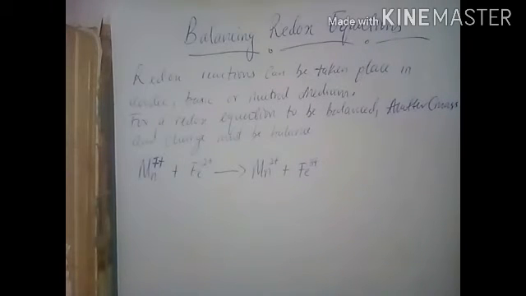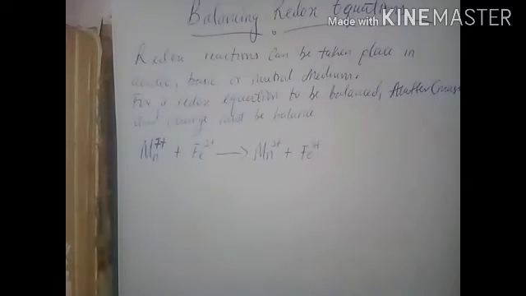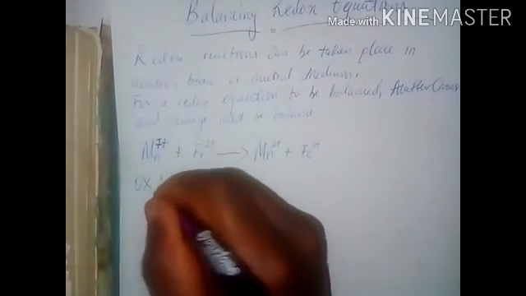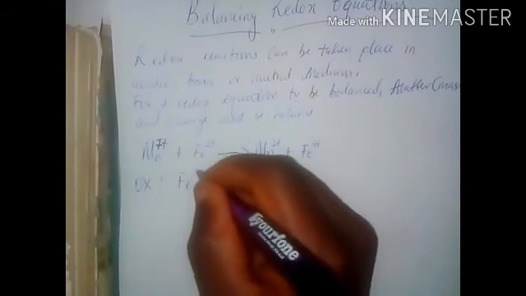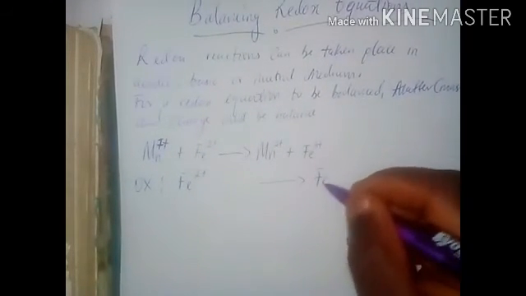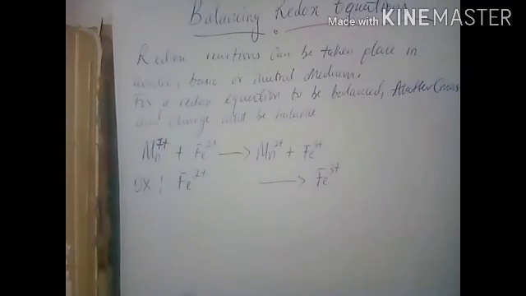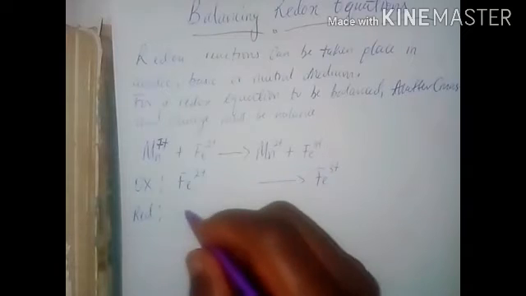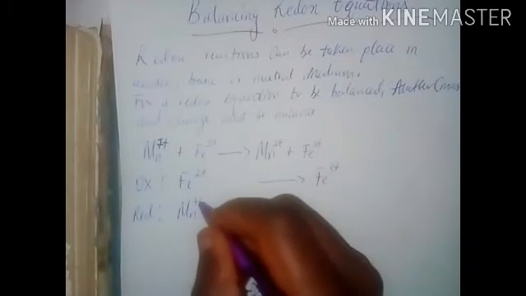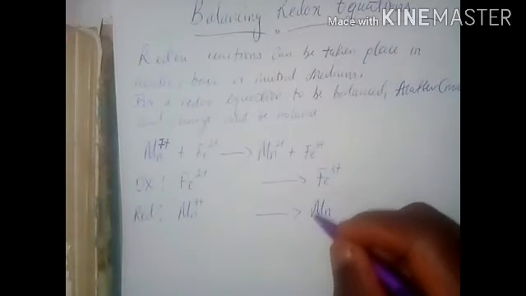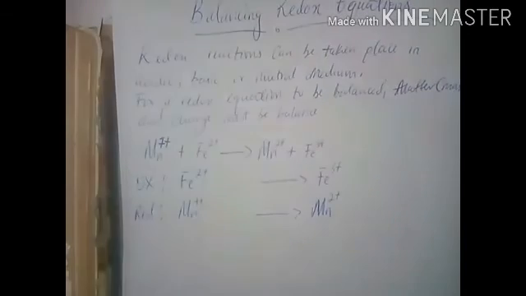So we have to write two half equations, one for the oxidized form and the other for the reduced form. For the oxidation half equation, we have iron 2+ moving to give us iron 3+, while for the reduction half equation, we have manganese 7+ moving to give us manganese 2+.